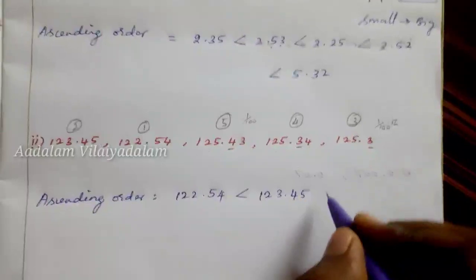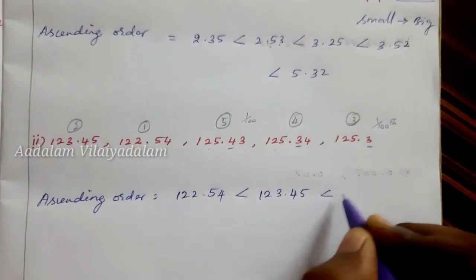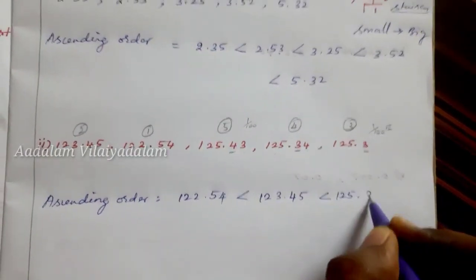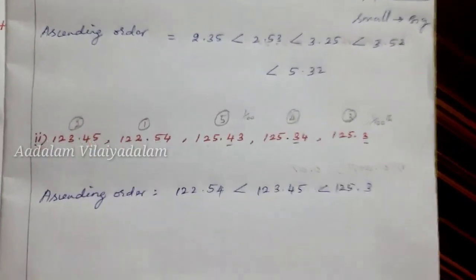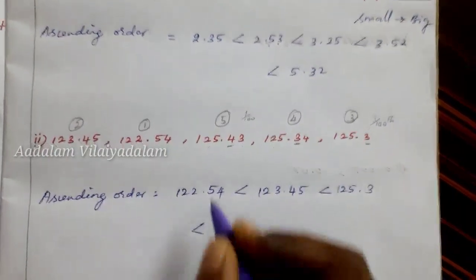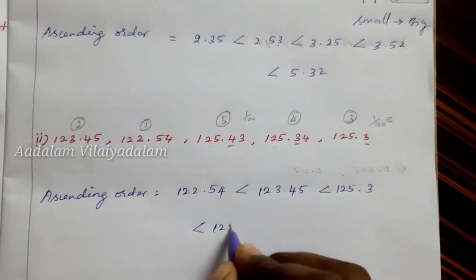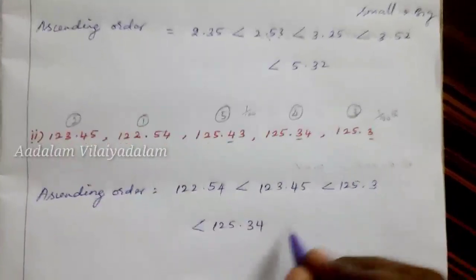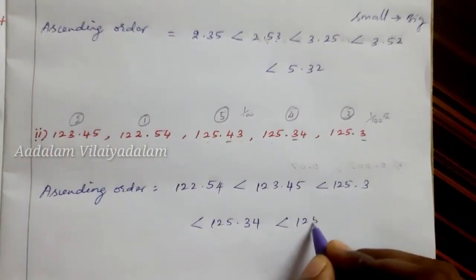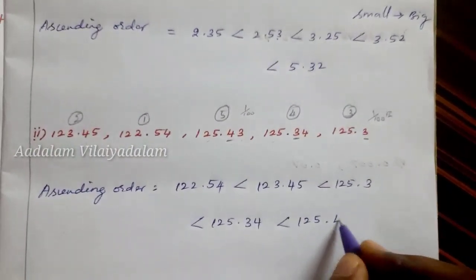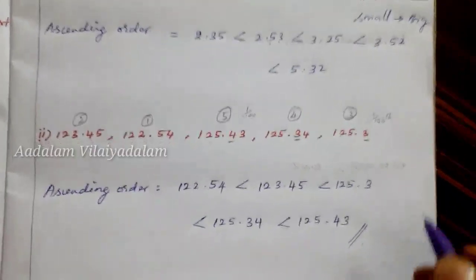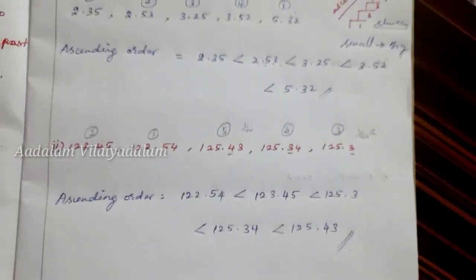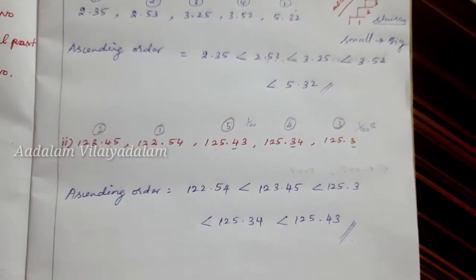The third one is 125.3. The next bigger number is 125.34. The last, biggest number is 125.43. So this is the final answer for these two sums.